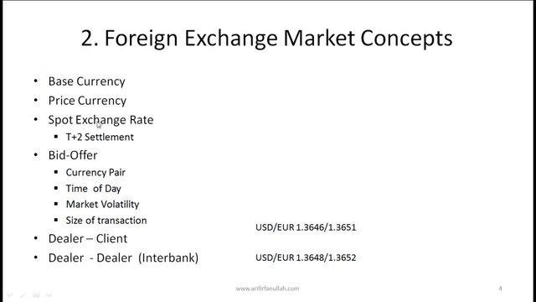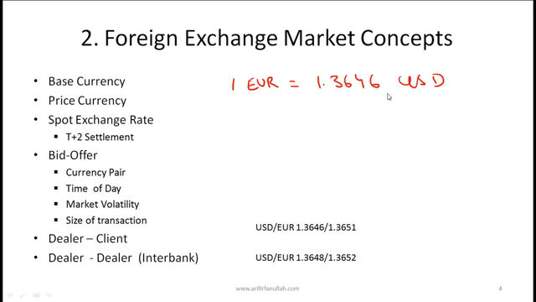Let us now talk about some basic terminology in the foreign exchange market, and we will understand this through an example. Say we have the following spot rate. 1 euro is equal to 1.3646 US dollars.